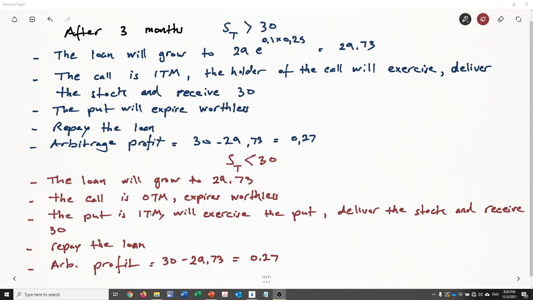The put option is in the money, and since I took a long position in the put, I will exercise the put. What does it mean? It means I will deliver the stock and receive the strike price of 30. I will use the 30 to repay the loan, and then I'm ready to calculate my arbitrage profit, which is going to be also 0.27.